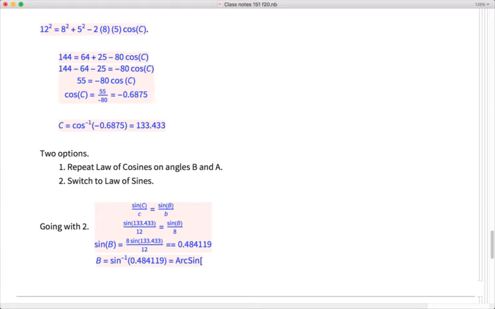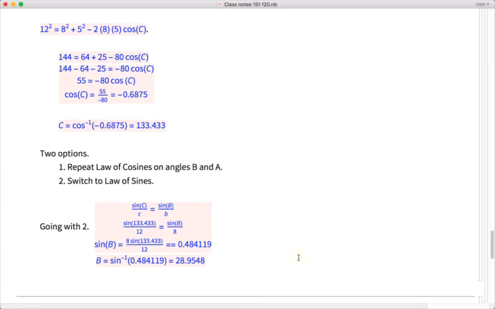And I don't think I'm going to do the third one. I'll let you decide which method you would like to use for that. And by third, I mean the angle A. Yeah, there's a good point here. Now that we have two of the angles, we would be on a fool's errand to use law of cosines or law of sines, either one, to get the third angle.